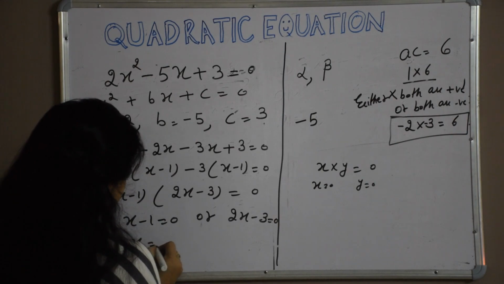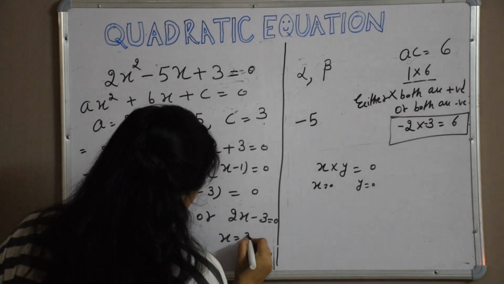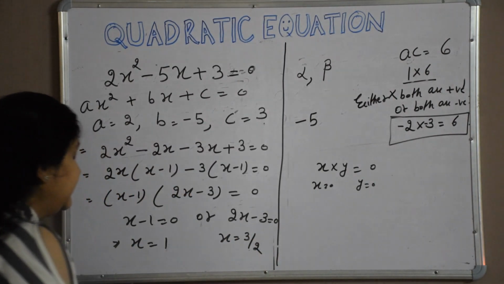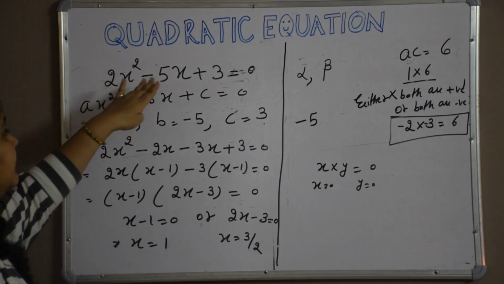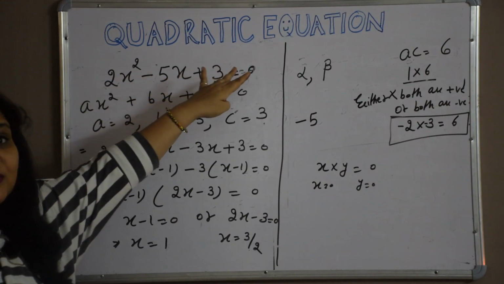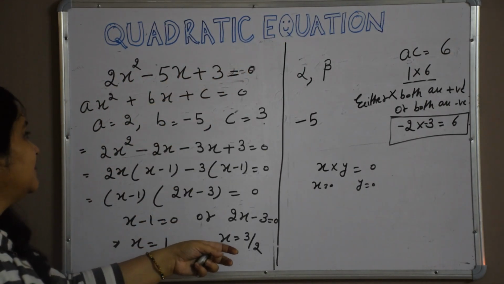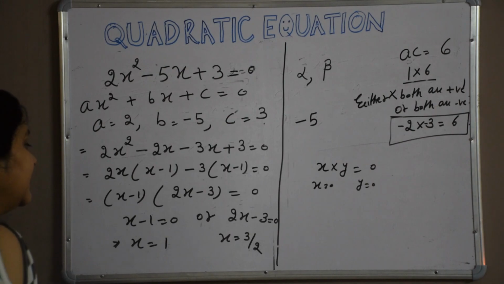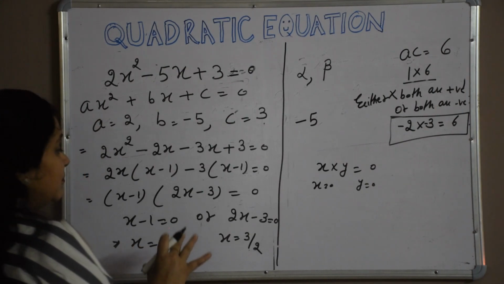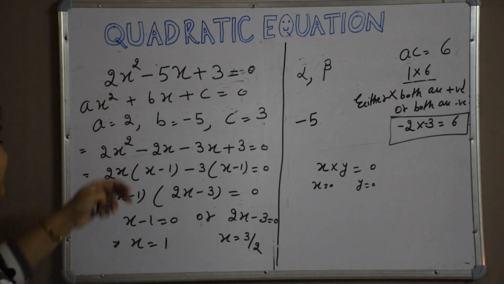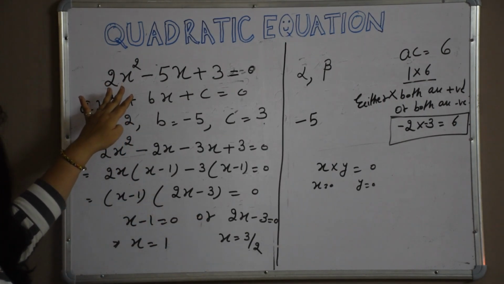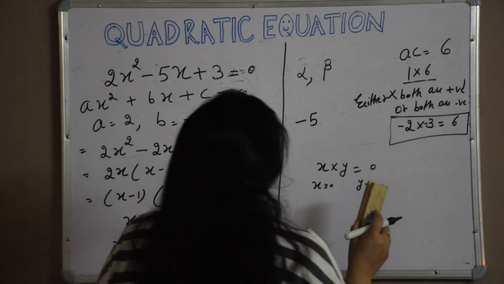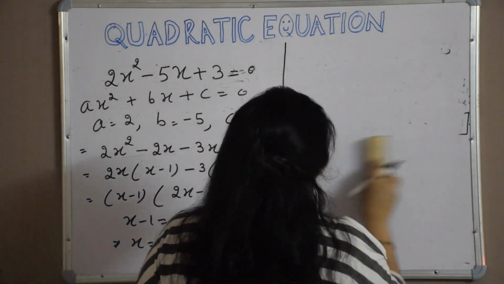This implies x is equal to 1 and here x is equal to 3 by 2. These are two values of x which make the given polynomial equal to 0. So these are the roots of the given equation, and we can say both are the roots of the given equation because both these values make the value of the given equation equal to 0.